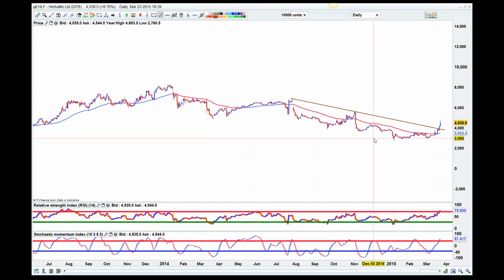Nice rounded bottom. I'm not a great fan of that one, so I'm going to leave it just because of the pattern. Ciena, and I had Ciena on my list. Let's see, there's Ciena.